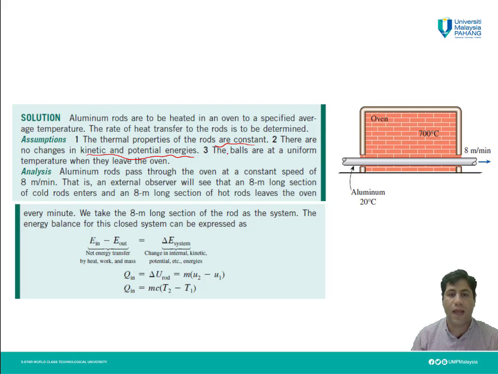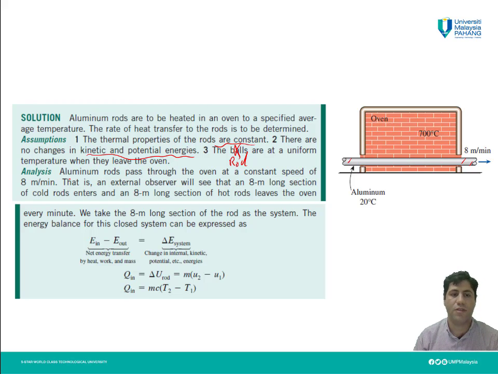Three, the rod is at a uniform temperature when it leaves the oven. In other words, we assume that the temperature of the rod at the oven output is identical in each place of that rod.